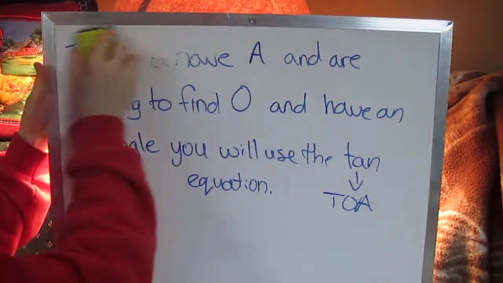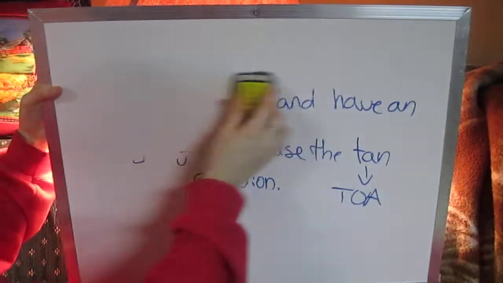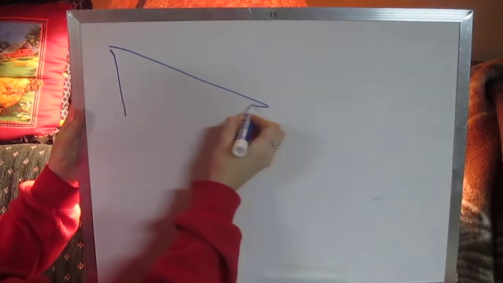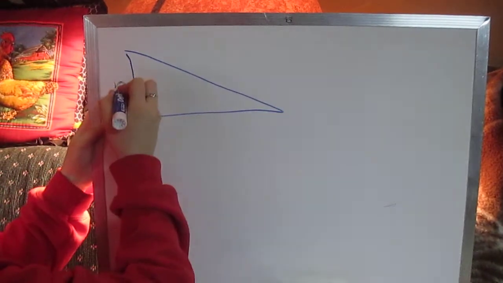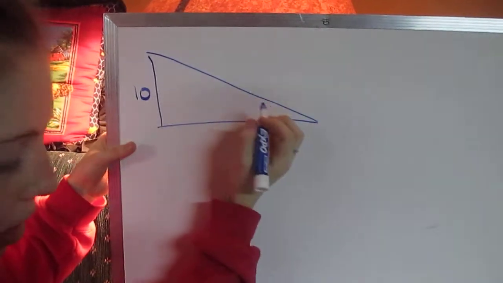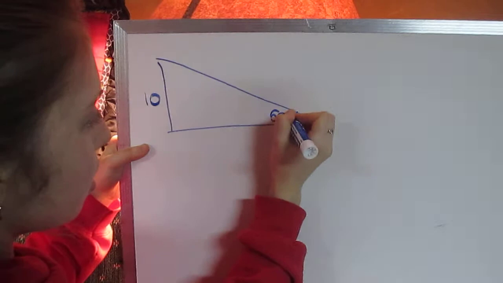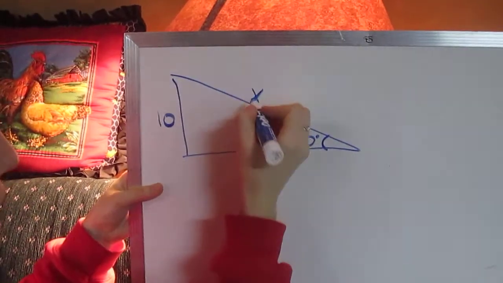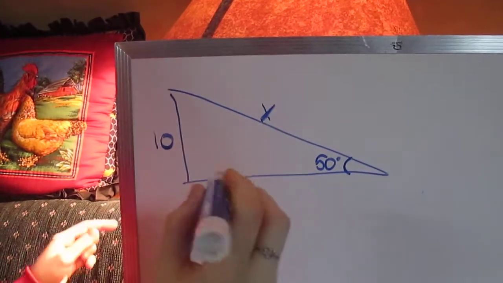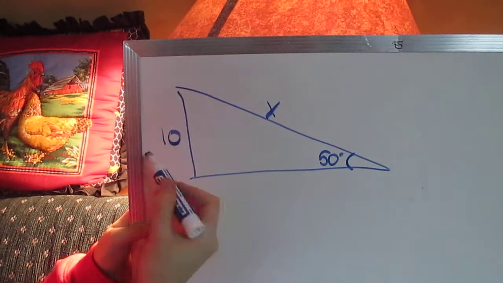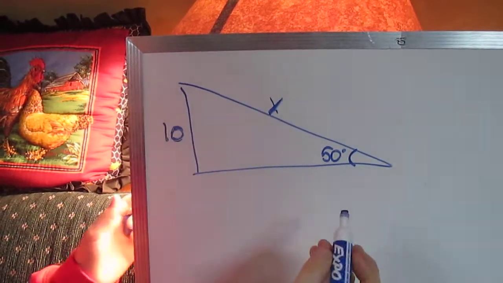Alright, now let's do an example. If you have a triangle that looks something like this, and this is the information that you get, and you have to find this side of the triangle, you will look at the numbers that you have been given.